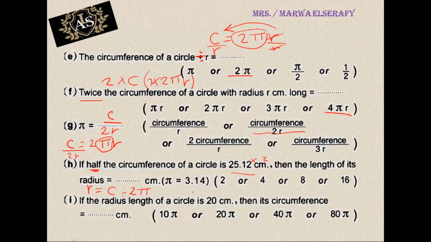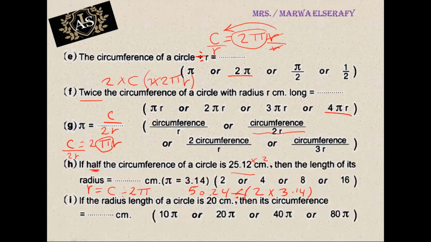Circumference is equal 50.24 divided by 2 times pi. Pi equals what? He gave me pi equals 3.14. So I will write 3.14. Don't use 22 over 7, okay? Be careful.